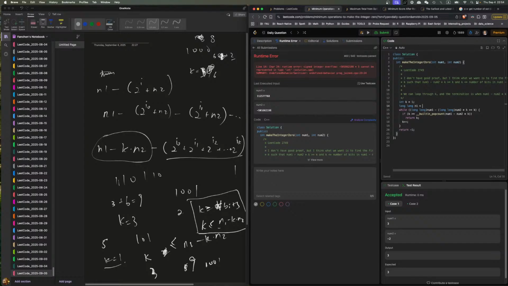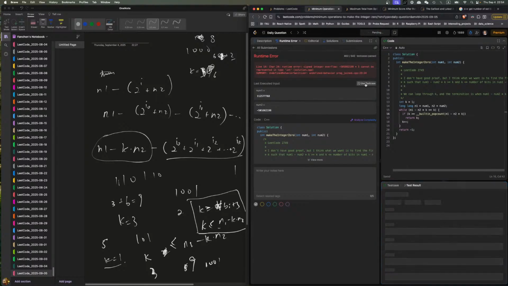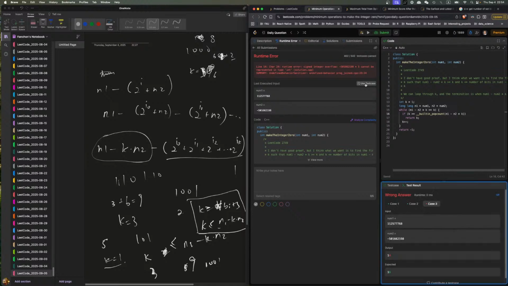Long n1, n2. Not sure. Oh, I don't know.